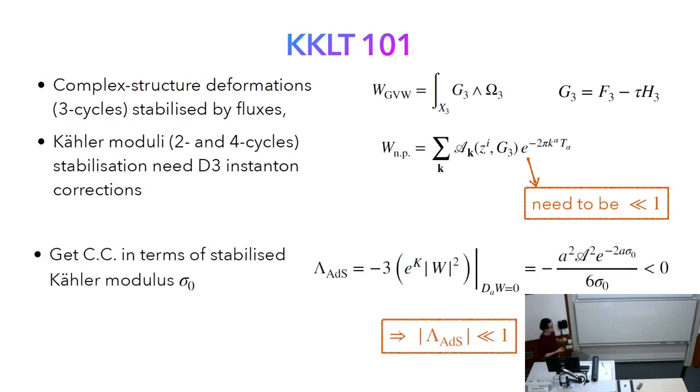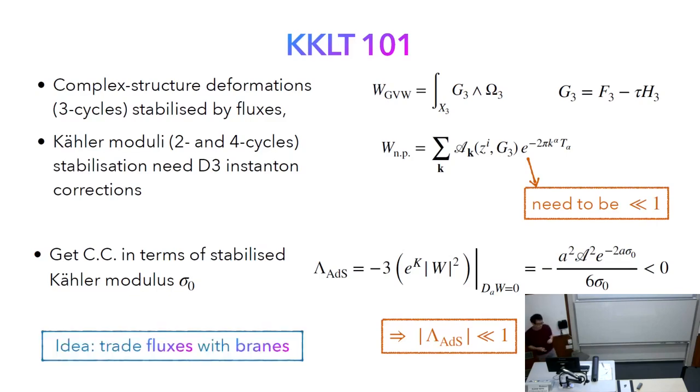Once you get that, you can get a cosmological constant in terms of the Kähler modulus sigma 0. The value of the AdS cosmological constant depends on an exponential of sigma 0. Since this exponential is very, very small, you automatically get that the cosmological constant of your AdS is very small as well, and this is what you need for the second step.